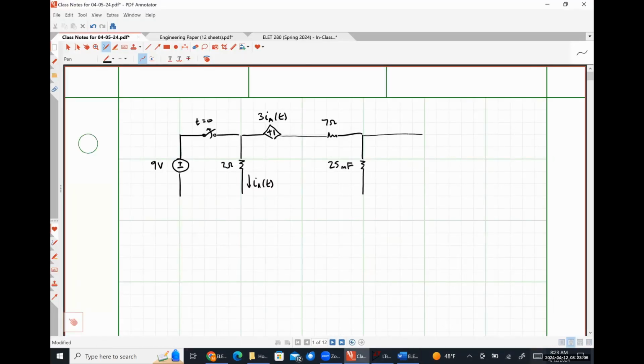4.444. I'm gonna work this as if that 4.444 ohm impedance were, or excuse me, the inductance. Well, let's see.